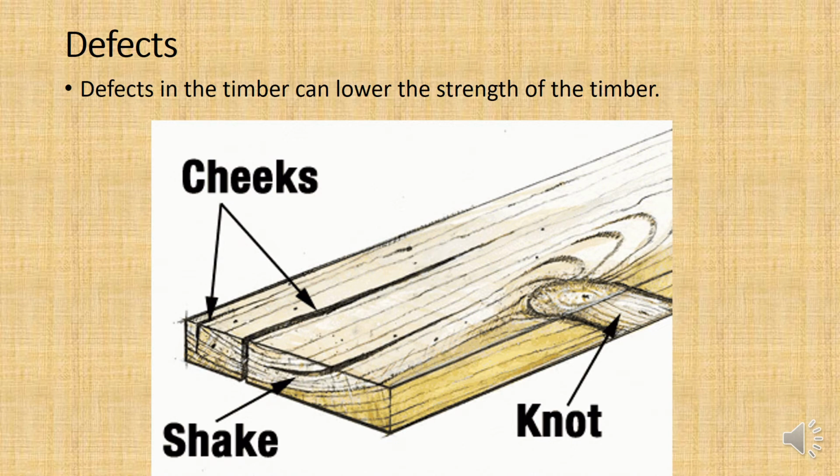What a good project manager would do is send an engineer who knows what he's doing, probably a UKH graduate, to the shop, and you select the timbers that don't have these defects, because those are going to be the timbers which have maximum strength.